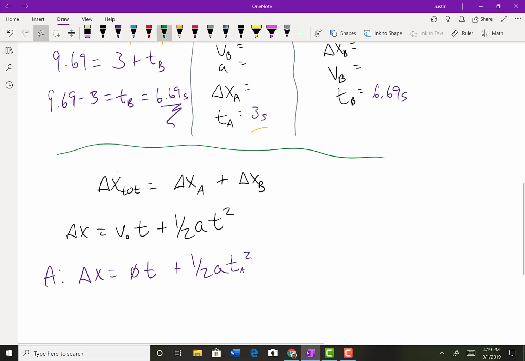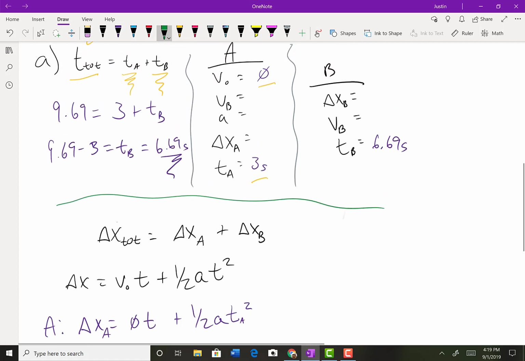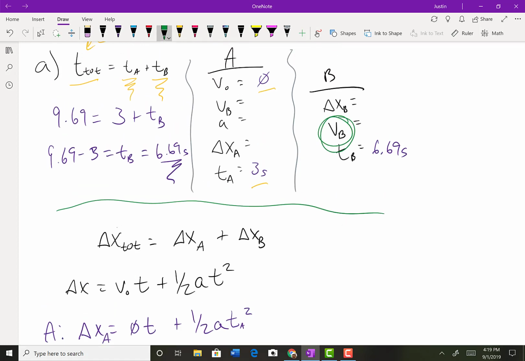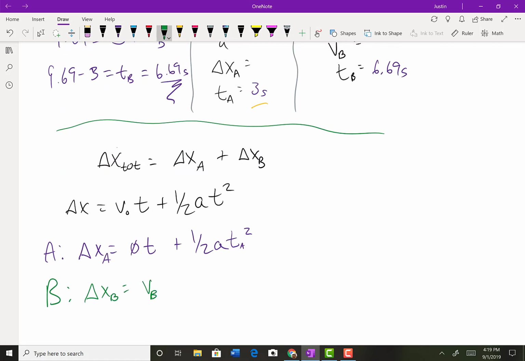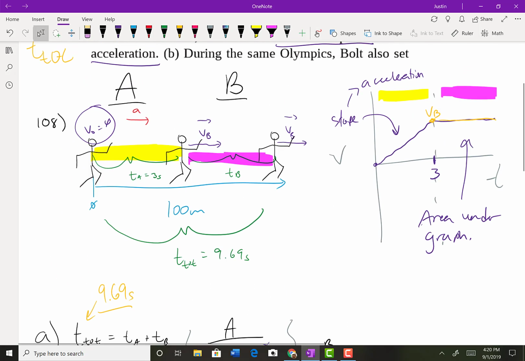And next up, I'm going to get that same thing for B. Oh, this is delta XA, by the way. So for B, it's going to be delta XB, and that's going to equal V, well, who's V? Oh, VB, right? Because he's just moving at a constant speed. So it's going to be VB times T, which time? TA, TB, T total? Oh, TB, because this is now in the B section. This is after he's accelerated.